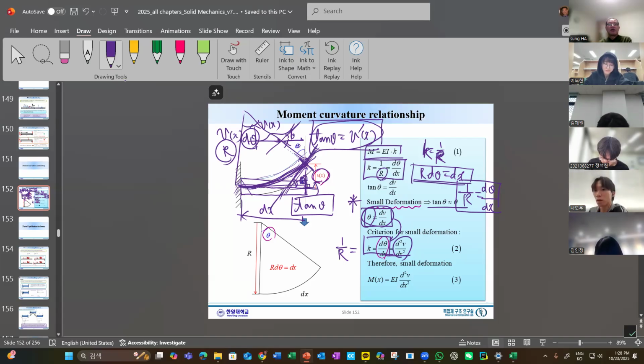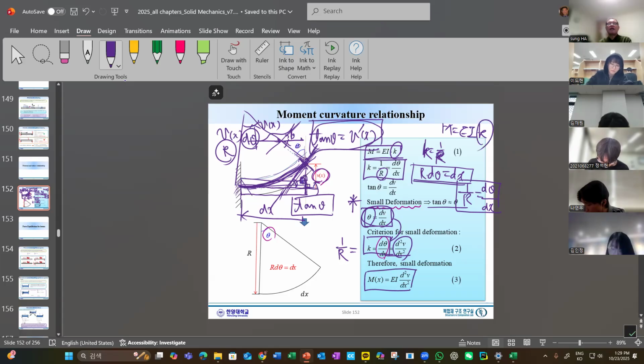Okay, so now we obtain moment equals EI curvature, or EI 1 over R. Now we see this k as this one: EI times the second derivative. This is the one we obtain.